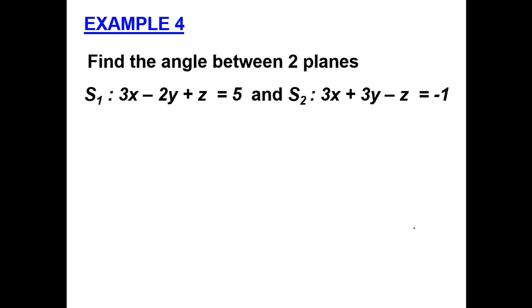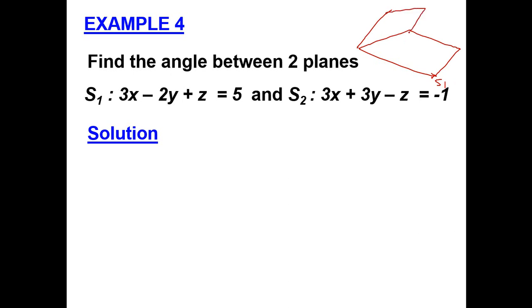Example 4. Find the angle between the two planes. Given two planes S1 and S2. To find the angle between two planes, this is plane S1 and this is plane S2. We want to find the angle between the two planes.